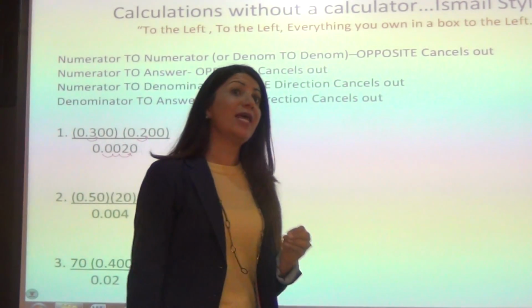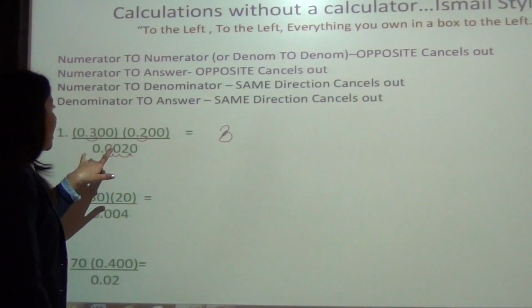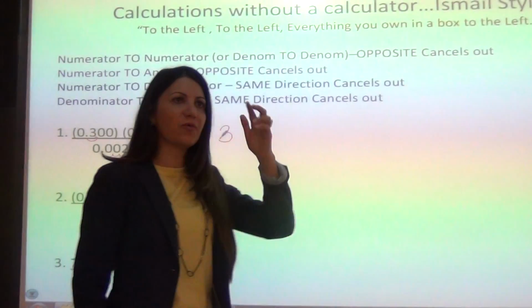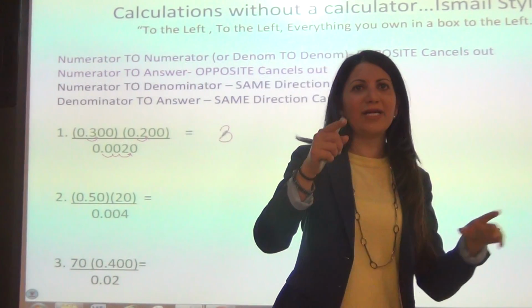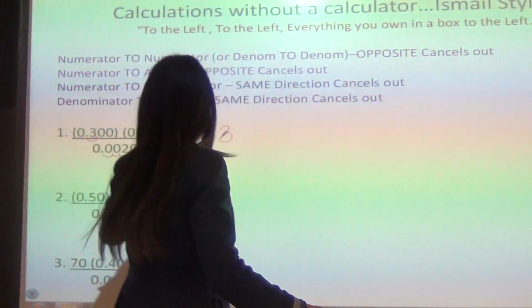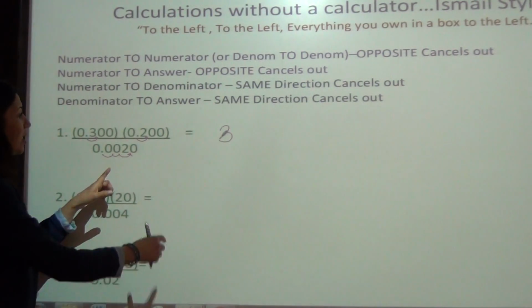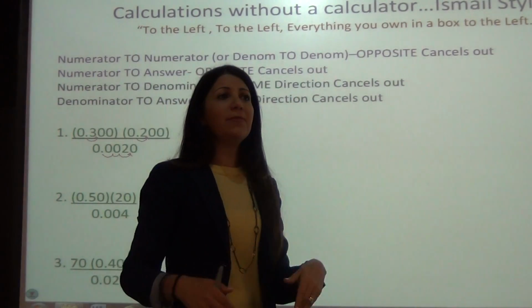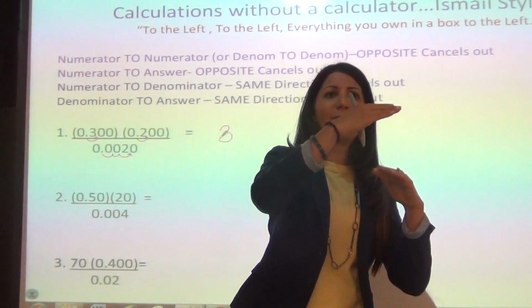As far as your denominator goes, your denominator is the opposite. If it's denominator to denominator, it works the same way as numerator to numerator. You would be dividing by 10 and multiplying by 10, and those would cancel each other out. But if you're doing denominator to numerator, you want them both to go in the same direction. That would be similar to saying I'm going to multiply my numerator by 10 and multiply my denominator by 10.